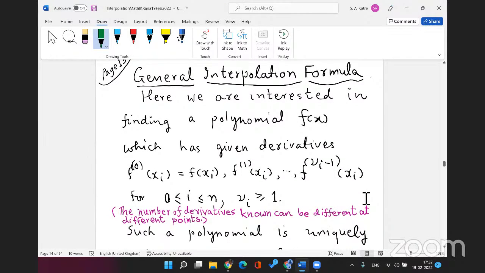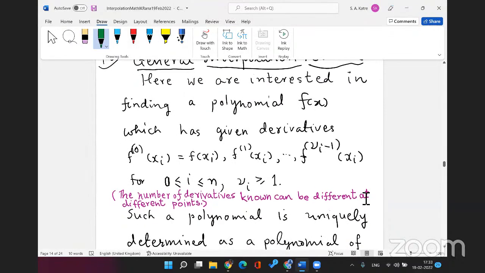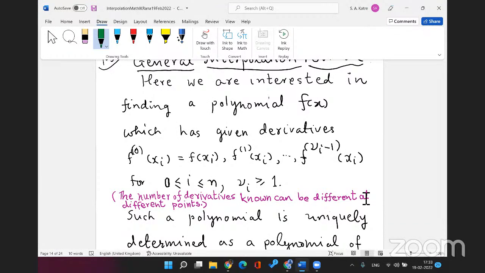So what is the general interpolation formula? The general interpolation formula means you have the points x0, x1, x2 up to xn. At all these points, you are given the value of the function, a polynomial function. Now at some points you are given the derivative. At some points you are given the derivative and second derivative also. At some points you are given the derivative, second derivative, third derivative, like that.